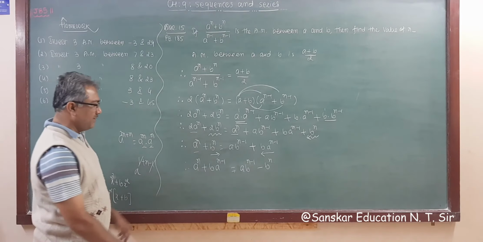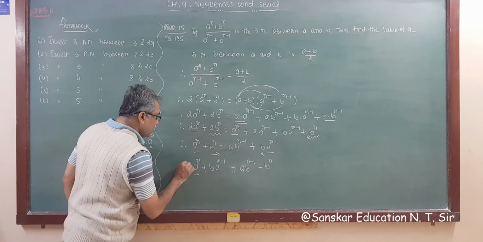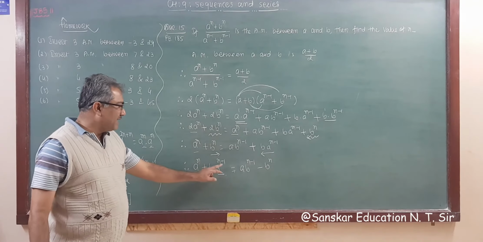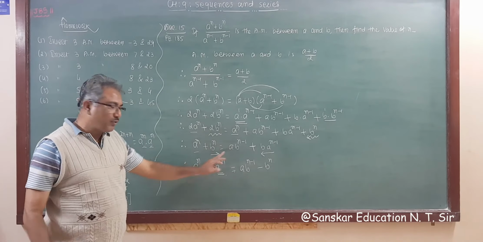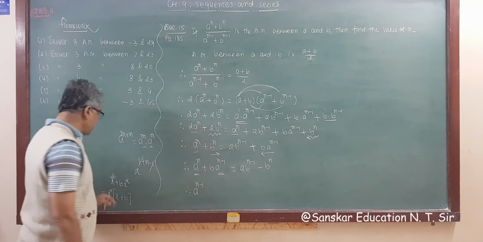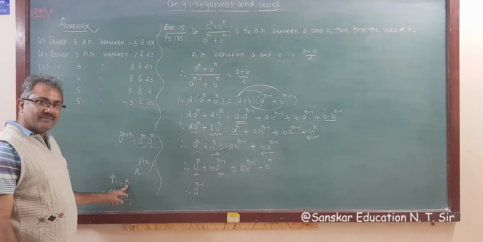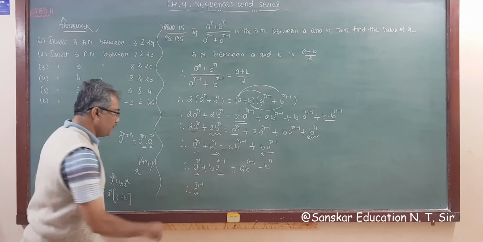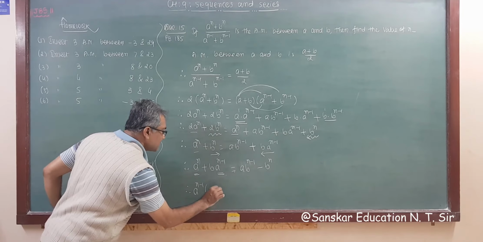So now here power of a is n and this is 1 power less. So if I take a raised to n minus 1 common, just as I am taking x square common, then this is 1 more. So what is remaining? A plus b is remaining.